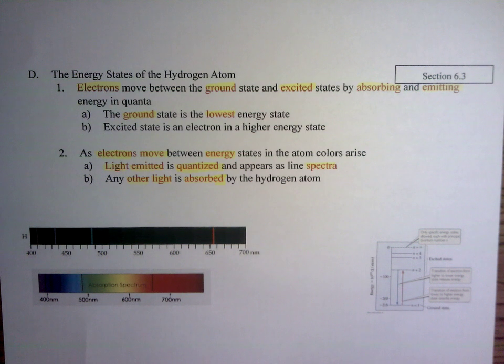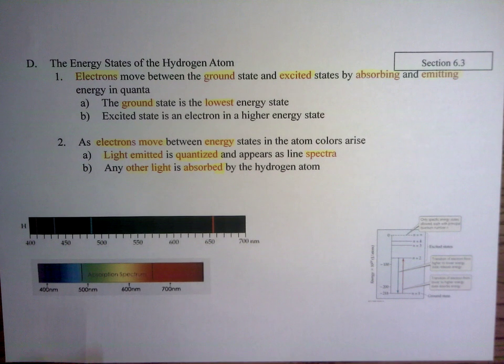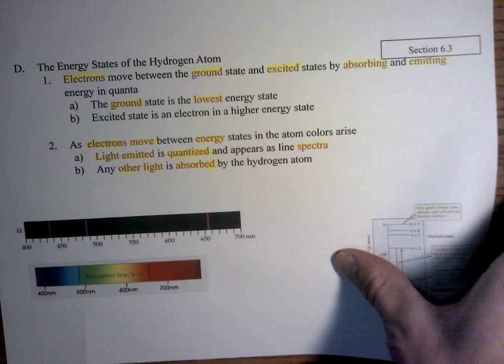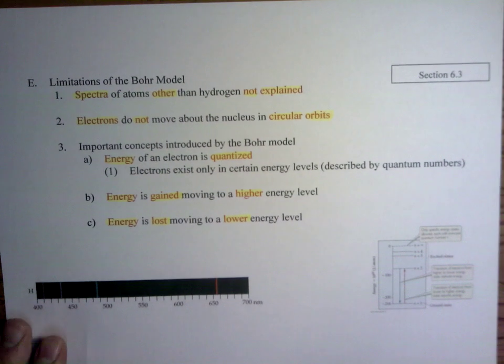However, when they go to try to apply this particular theory to anything but hydrogen, the system fails. And where it fails here is these perfect circular orbits. All right. What happens here?